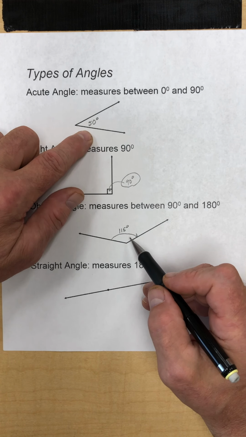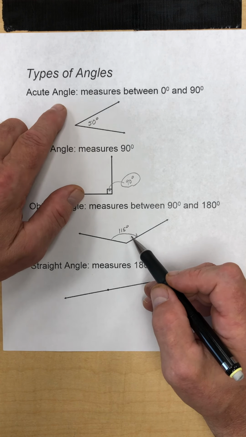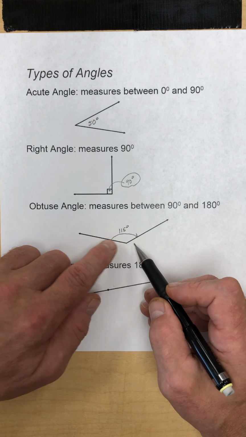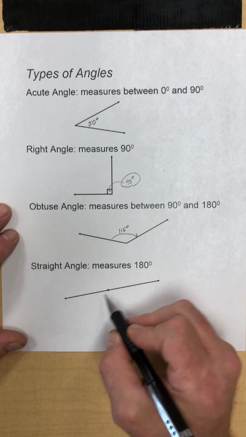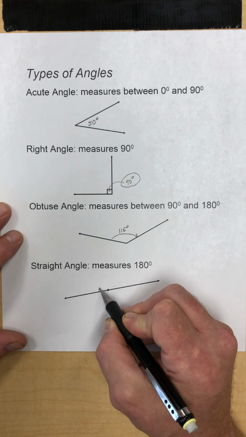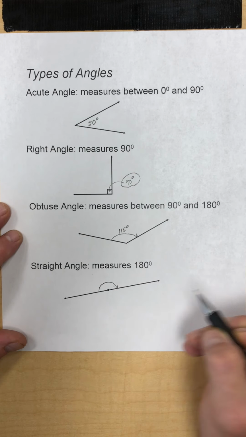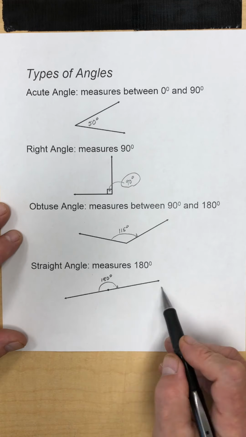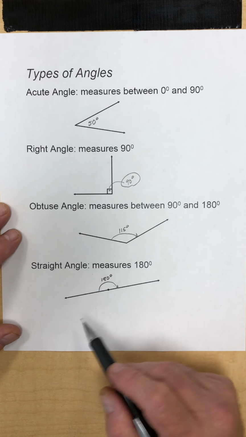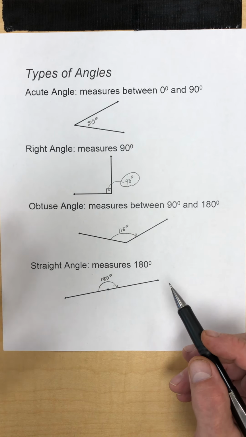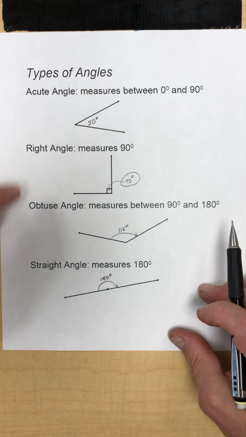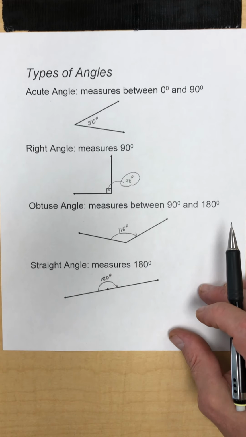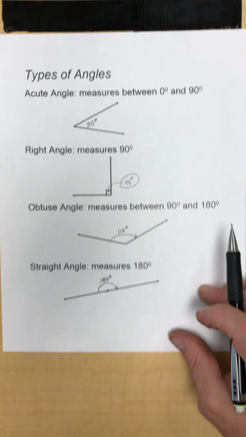So less than 90 degrees, for instance a 50-degree angle, we'd call acute. More than 90 degrees, 115 degrees, we'd call an obtuse angle. And if it's exactly 180 degrees on the nose, we call that a straight angle, because notice it just forms a line. So we could consider any line to be a straight angle measuring 180 degrees. So acute, obtuse, right, and straight, all categorized by their angle measure, and I'm sure you guys have all seen these.